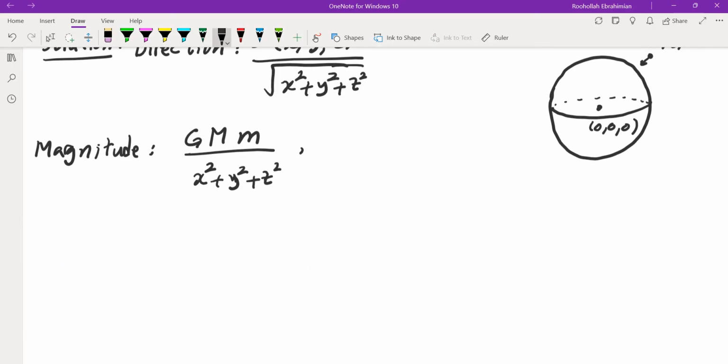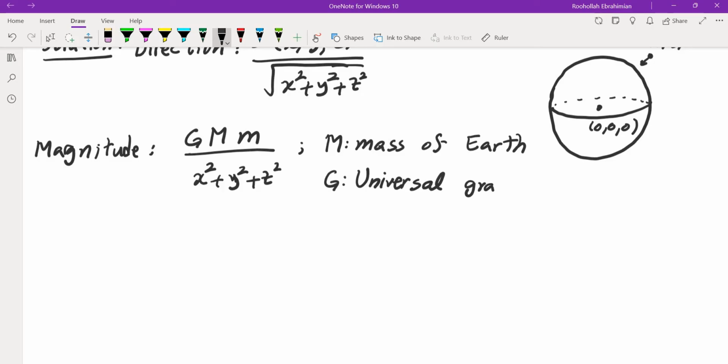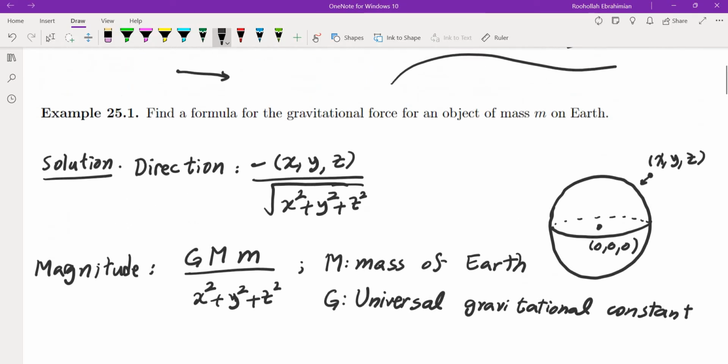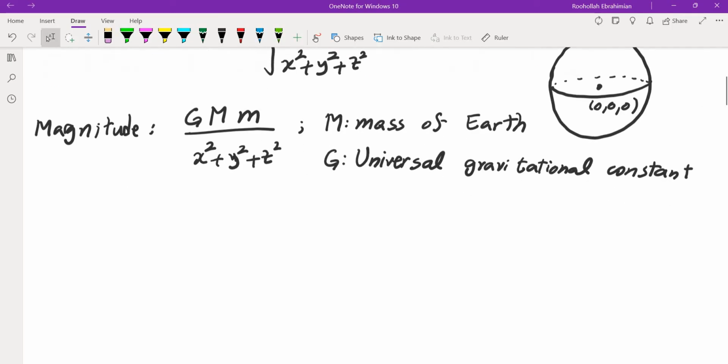M is the mass of the Earth. And lowercase m is what they already gave us, the mass of the object.